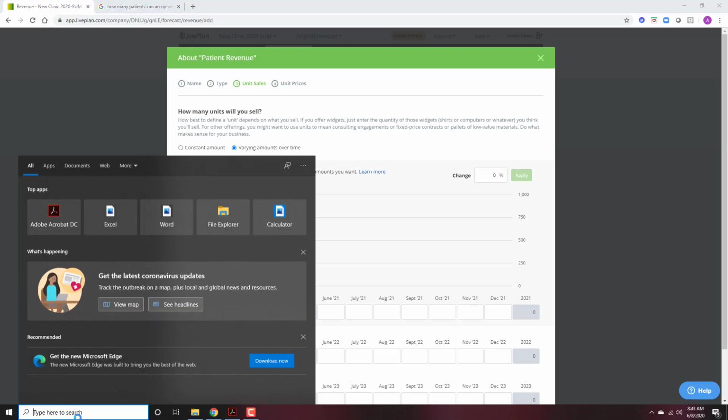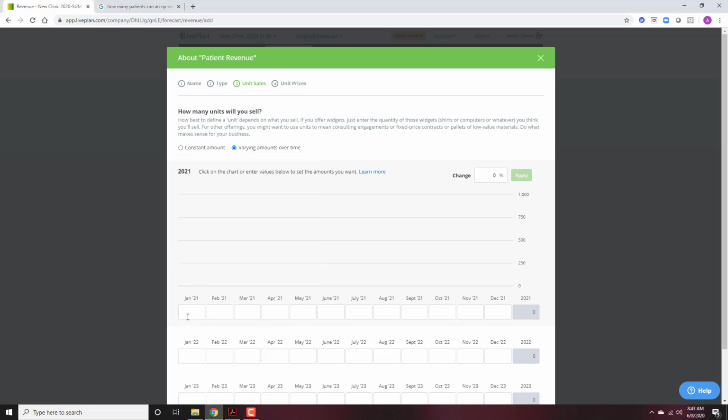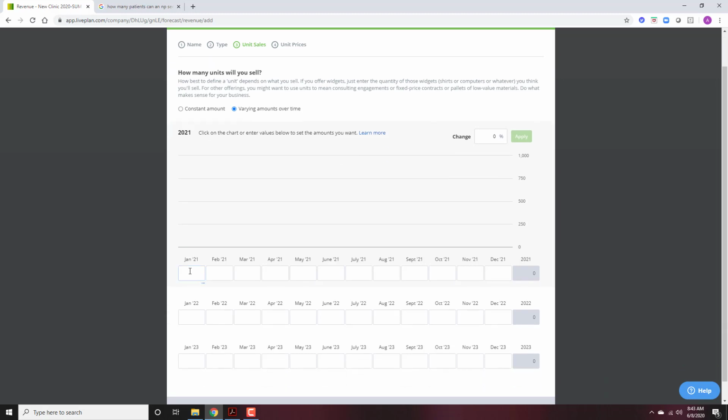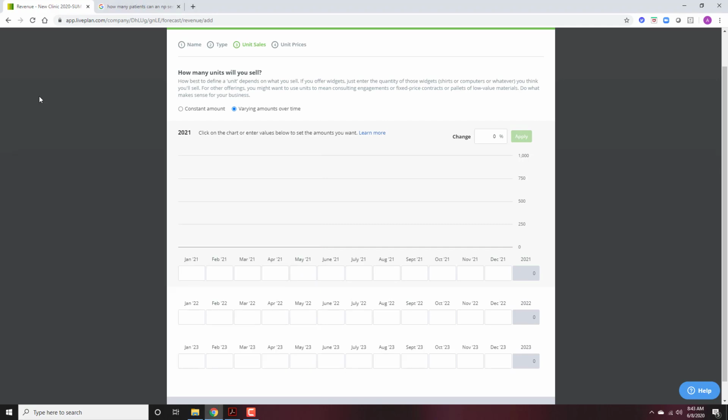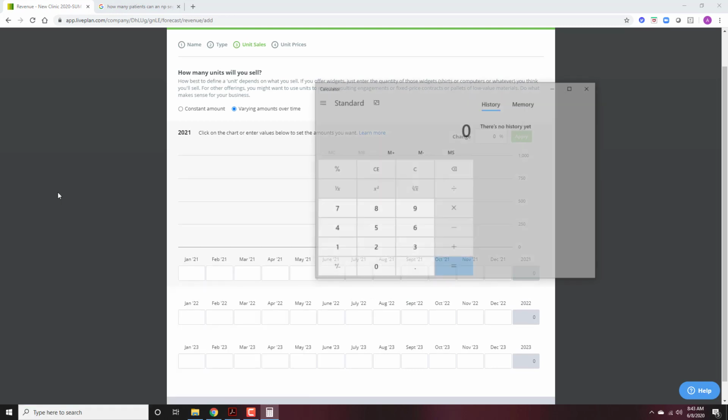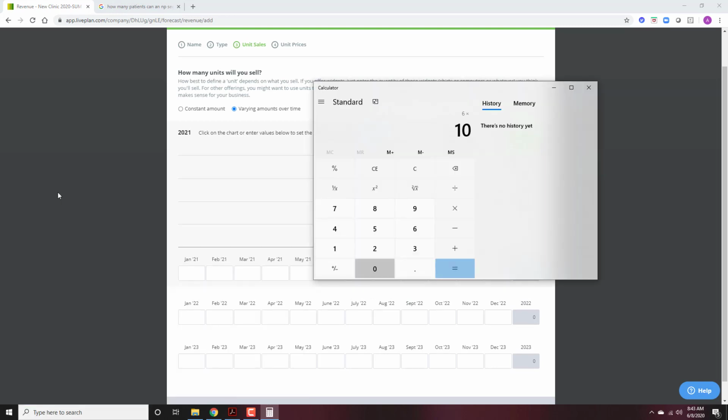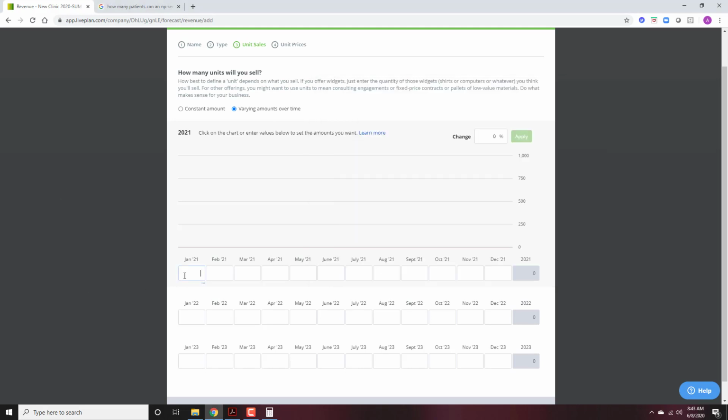But you're not going to start off at that; let's just say you're going to start off in January seeing 10 patients per day. And you're open, let's just say, 6 days a week. Calculator. 6 times 10 times 4. So that means you're going to see 240 patients.